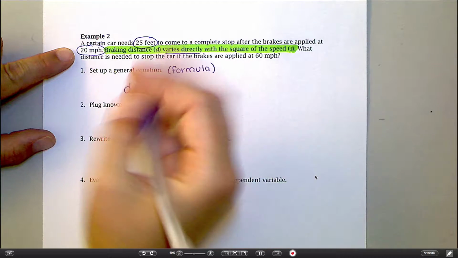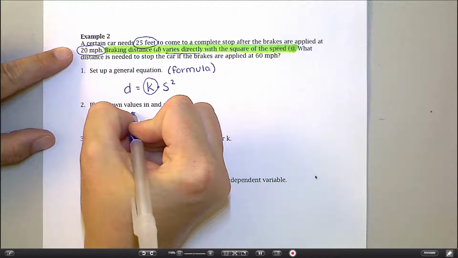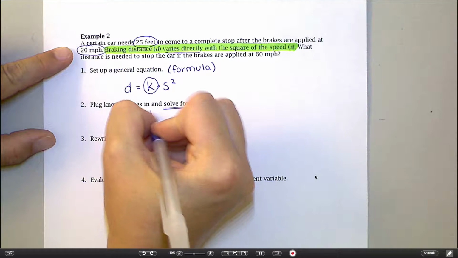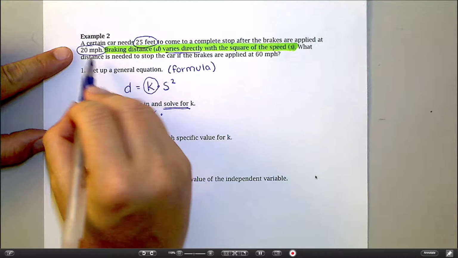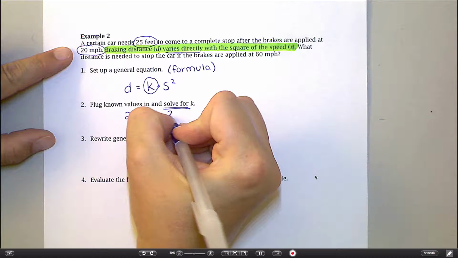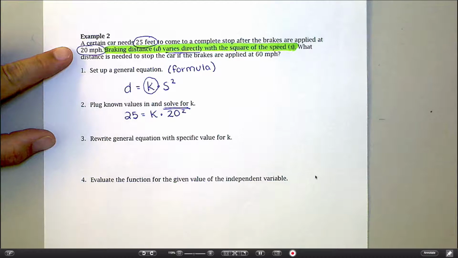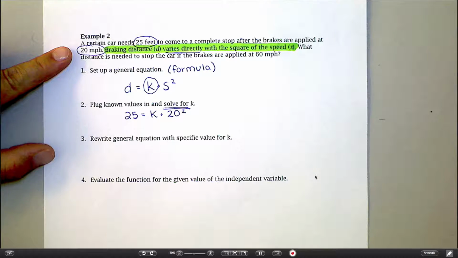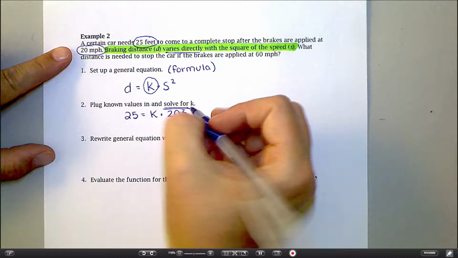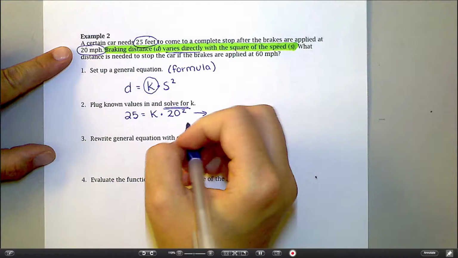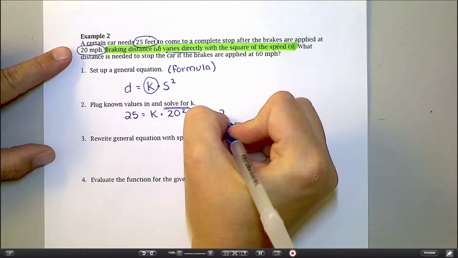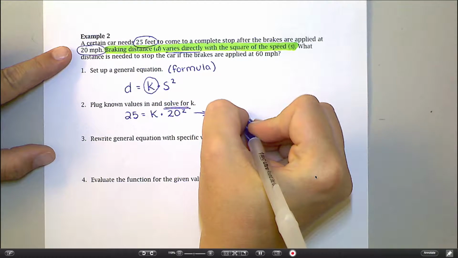I'm going to plug in 25 for D, and I'm going to say K times my speed squared, so that's 20 squared. And now I just want to solve this. I want to figure out what K is equal to. What's this magic multiplying factor? So 20 squared is 400, so I'm just going to rewrite this as 25 equals 400K.